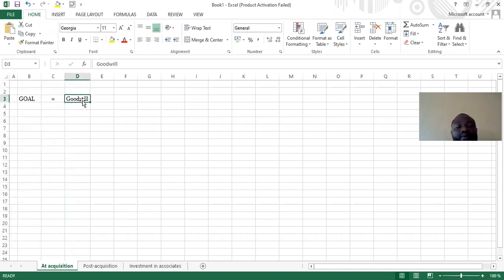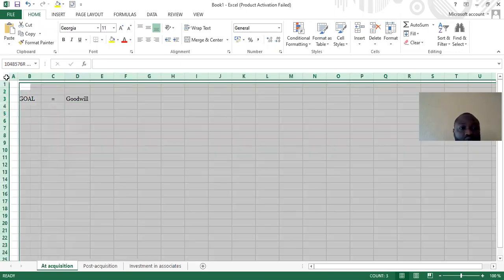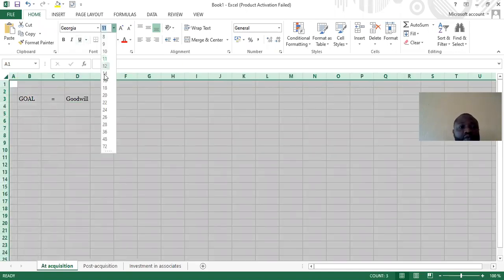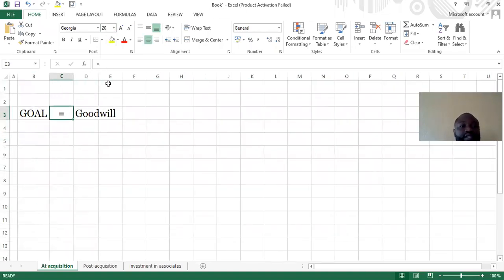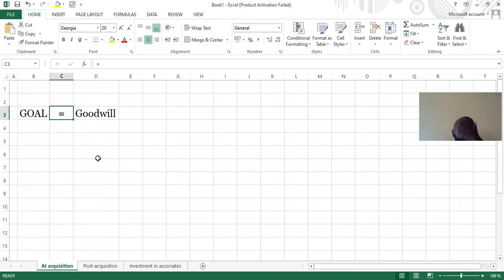You have done almost half of the work. But in the process of calculating goodwill, you will need some ingredients. Assuming goodwill is a soup, you will need some recipes to cook the soup called goodwill.